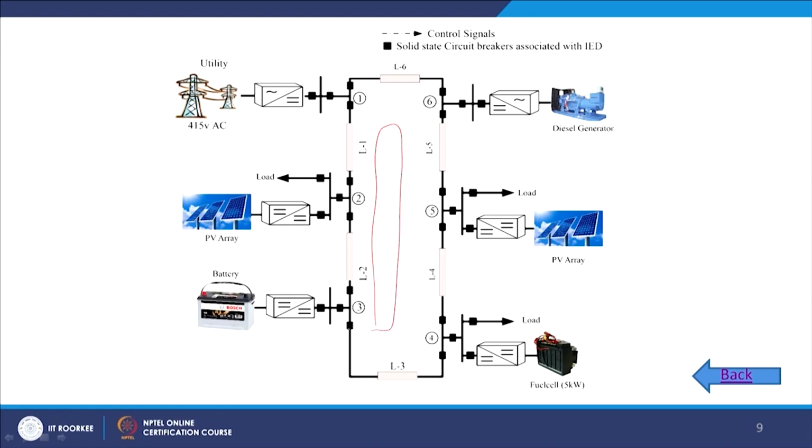We do have cables or the lines L1, L2, L3, L4, L5, and the sources, that is battery, PV, grid, diesel generator, PV array and fuel cell can be connected to this ring structure.